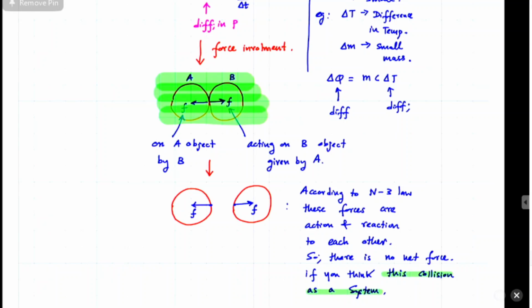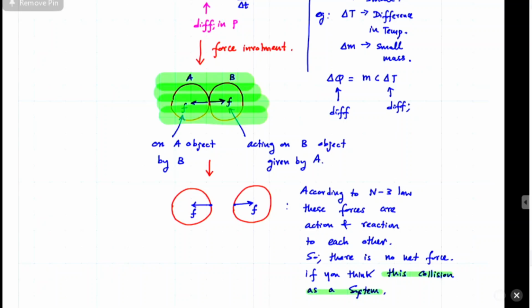That means 0.1 second, right? So we'll extend that. Here you can see this is giving a force that way, this is giving a force that way. You can see actual reaction is happening. I'm going to consider this motion, and then at this instant this is considered to be a system, one single object. So if you consider that situation as one single object, F force and F force are like that, so action reaction is cancelling each other. But after that they will pass like that, that's fine.